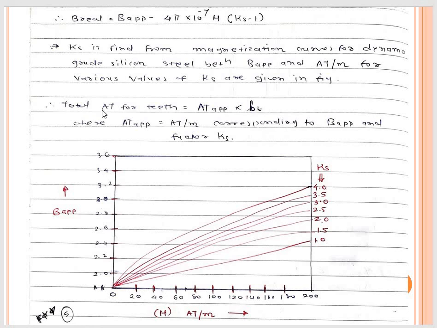Now the total ampere turn for the teeth is given by ampere turn apparent multiplied by BT, where BT is the width of the tooth, and ampere turn apparent is equal to the ampere turn per meter corresponding to the B apparent and factor Ks. Now this is the BH curve, the magnetization curve for dynamo grade silicon steel.